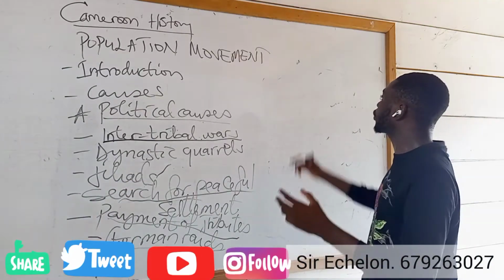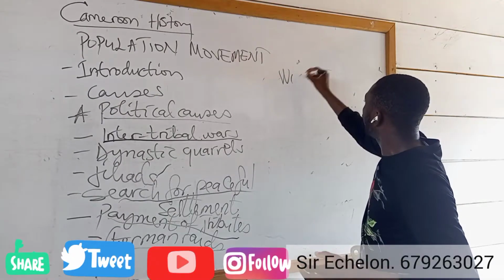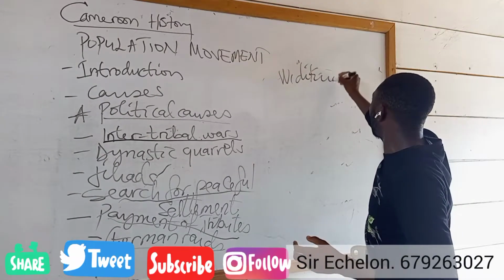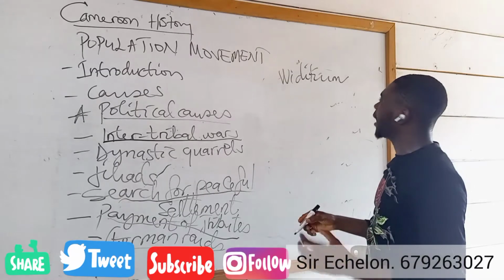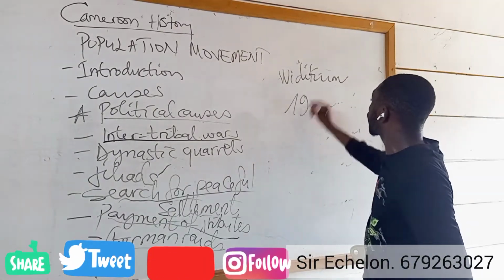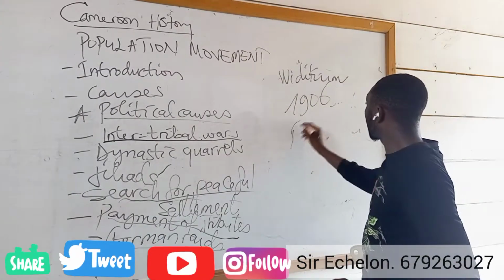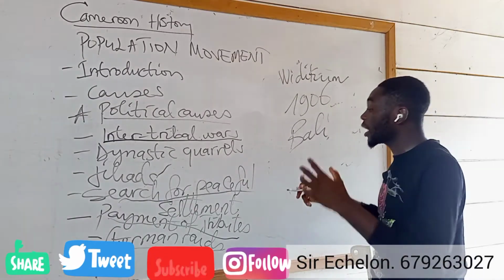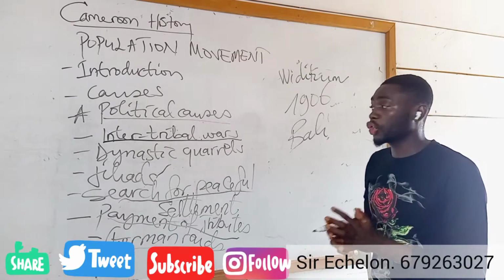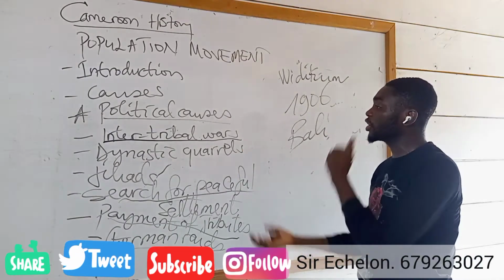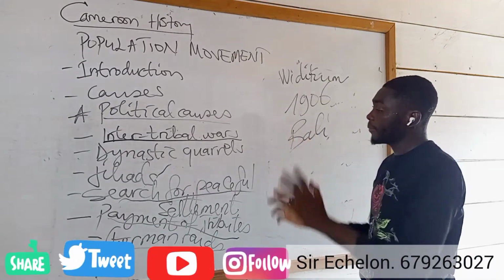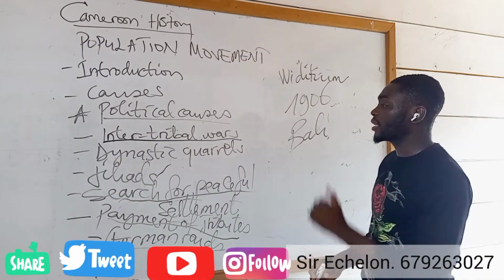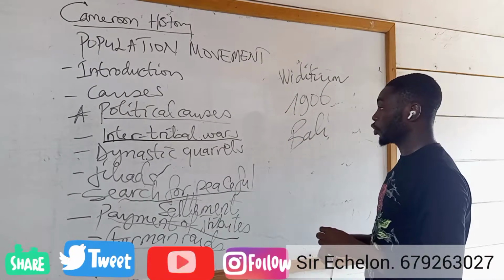The Germans forced the people of Widikum to work in plantations, and because of that, the people of Widikum in the year 1906 were forced to migrate to Bali because they did not want forced labor under the German plantation. So those are some of the political reasons which caused people to migrate in 19th century Cameroon.